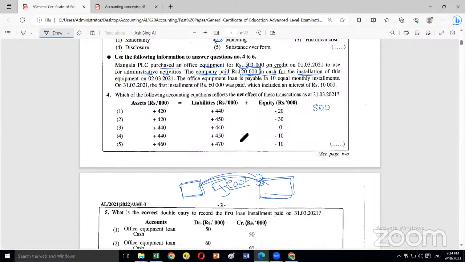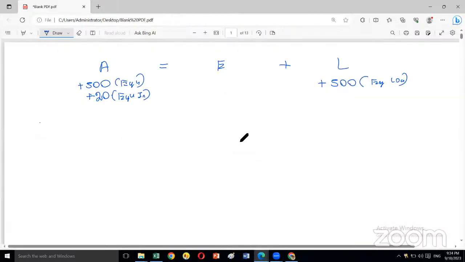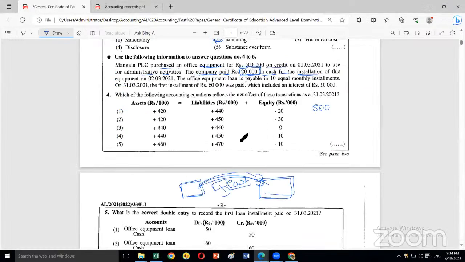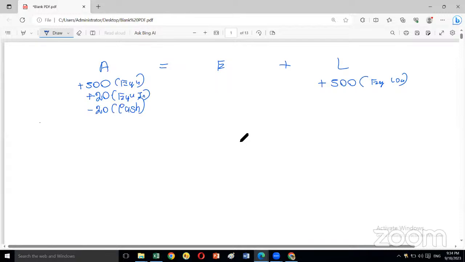Okay, now see, the company paid. When the company is paying, we are paying money. When I am paying money, 20,000 worth of what asset decreasing, Buddha? My cash asset decreasing by how much? 20,000. Baba, remember, installation is an example for what?